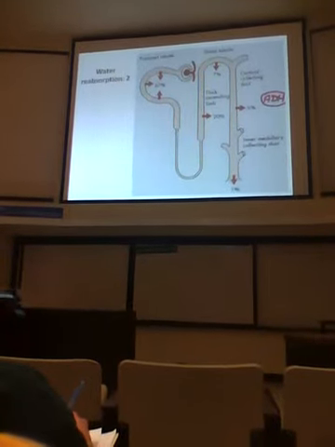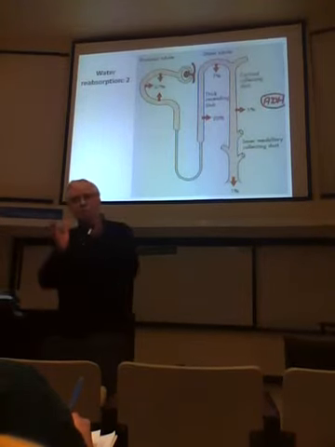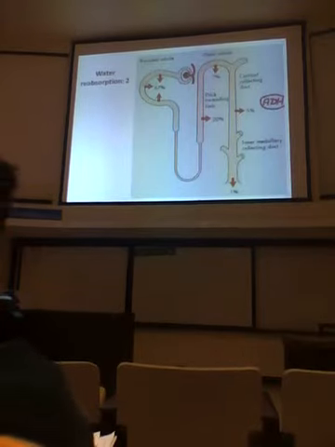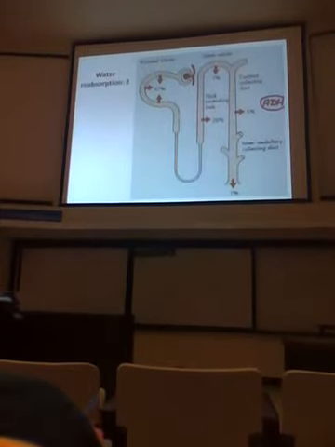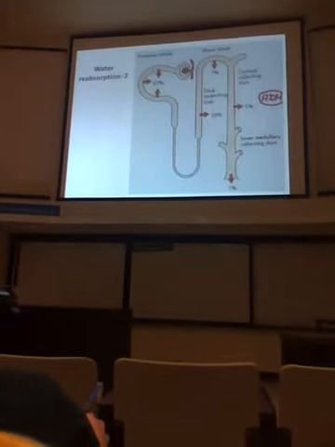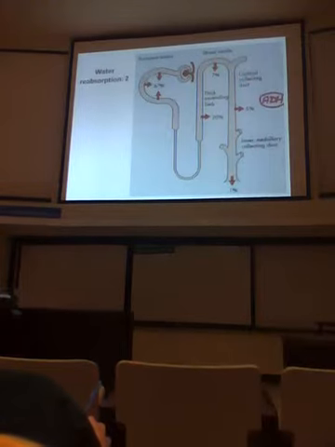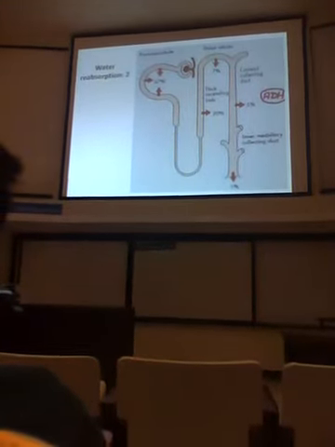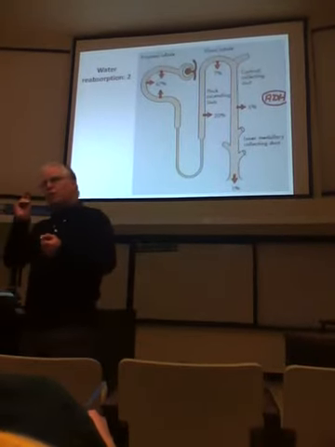Okay, we're leading into this issue now of how you adjust the concentration of your urine depending on the state of hydration. It has to do with water reabsorption in the collecting duct under the influence of ADH. Do you know what ADH is? Antidiuretic hormone.